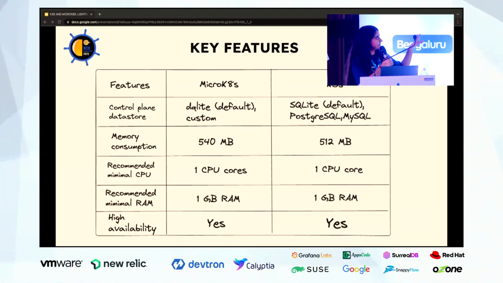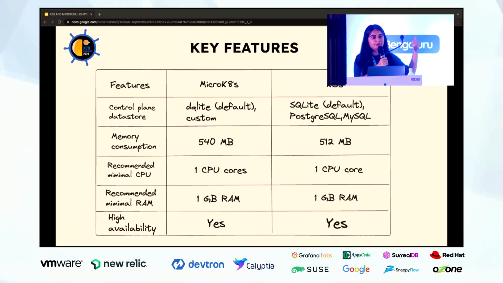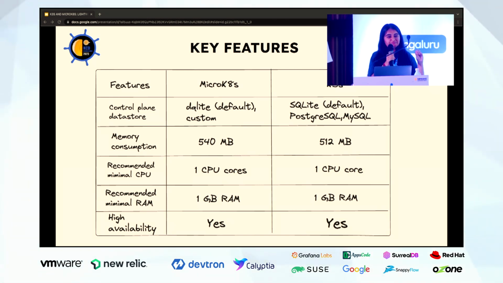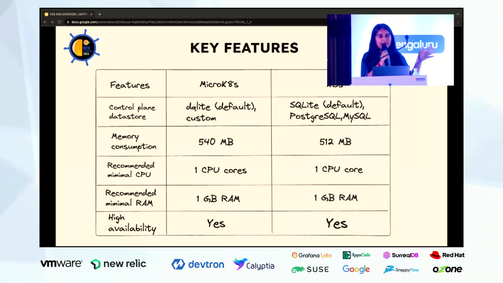So these are the various key features, and according to these you can decide which one is for you and which one is not. And above all, both are backed by good communities as well as good enterprise support. So this is all about K3s and MicroK8s.